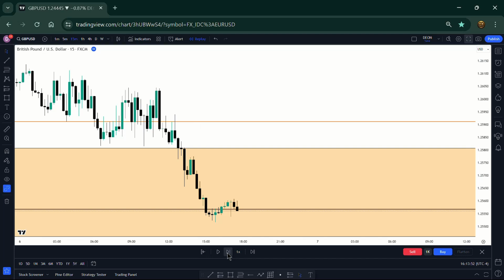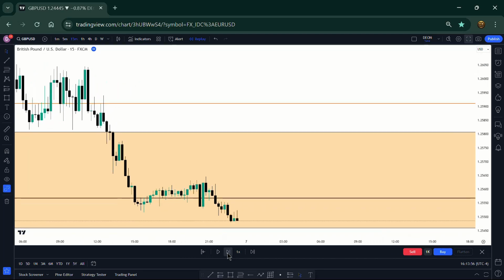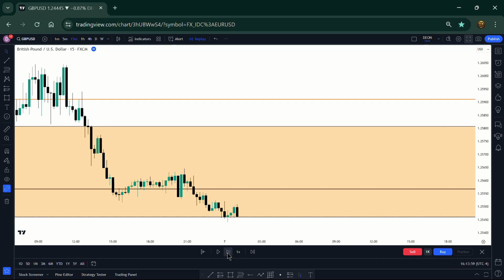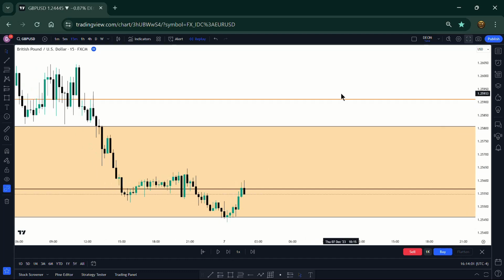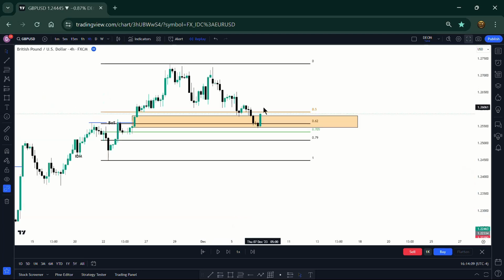Entry setup. Come on. Okay. Let's go to the forward chart. It has taken out that low, so let's see what's happening up there. It hasn't been taken out yet, so let's move.